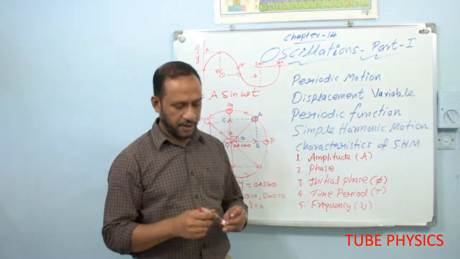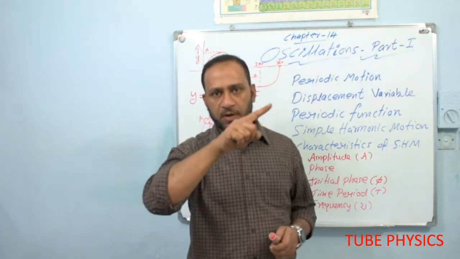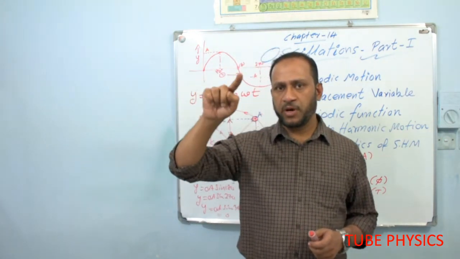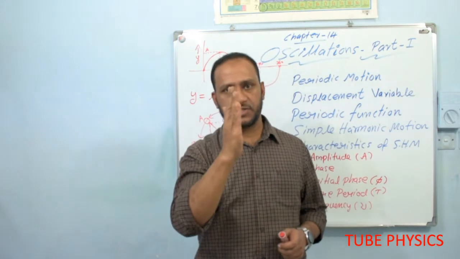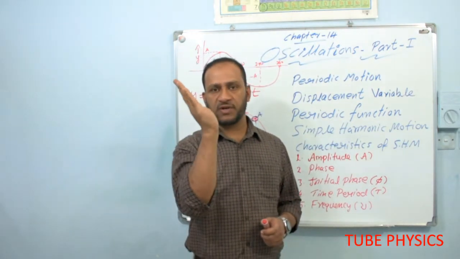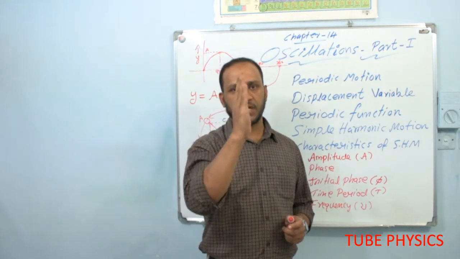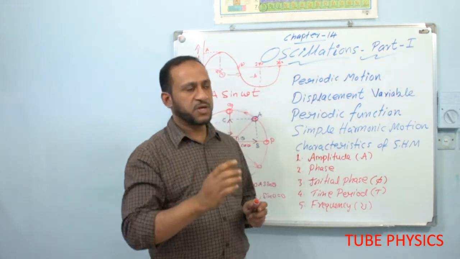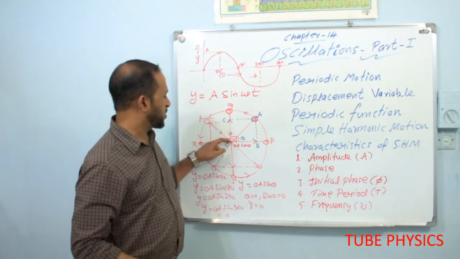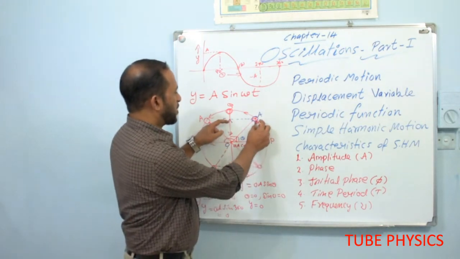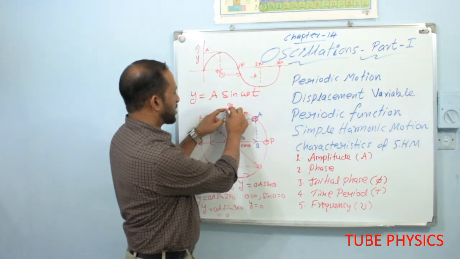So what we are seeing here is, when a body moves in a circular path, the projection of the position vector on the y-axis means the y component of that vector, that is the vector into sine theta, that is OA sine theta. Initially OA sine theta was here and it started increasing when the body moves this way, and when the body reaches here it becomes maximum.